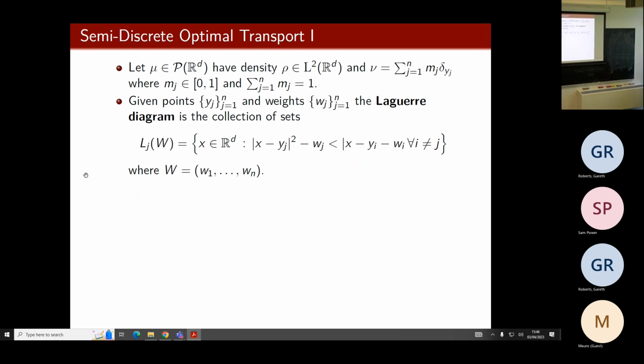The jth part of the Laguerre diagram is just going to be the points x which are closer to yj than they are to any other point. I'm sorry, there's an absolute value that's squared missing here as well.